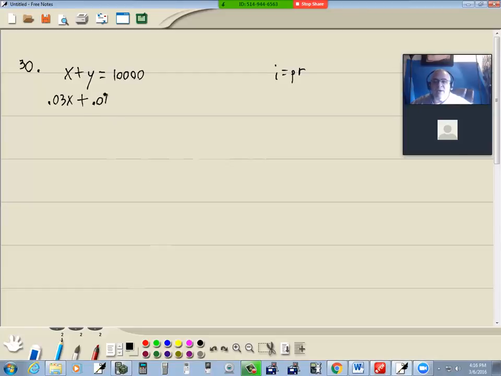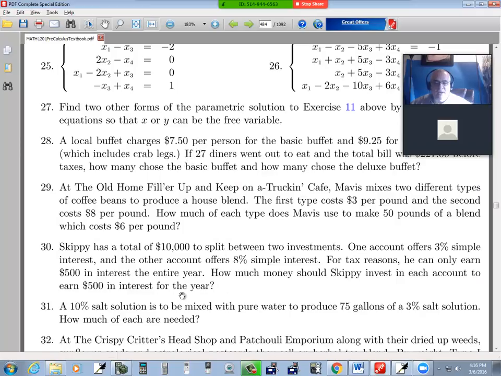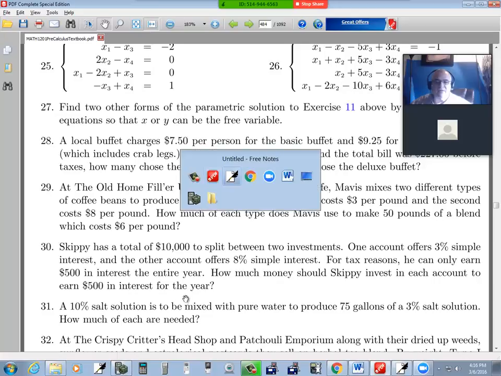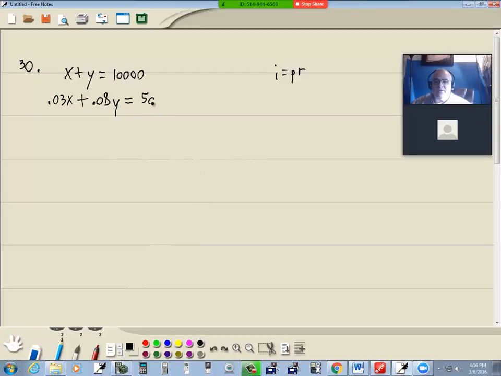And the total interest we want to get from that is $500, so this will equal 500. Both accounts are working together to give you the total interest. Just like when we don't want fractions when we're solving these, we don't want decimals. So I'm going to multiply everything by 100 in the second equation.